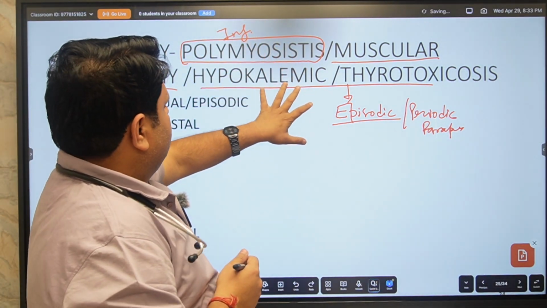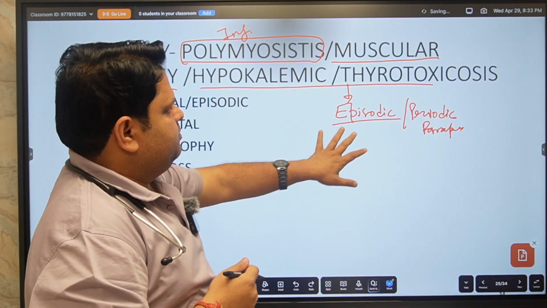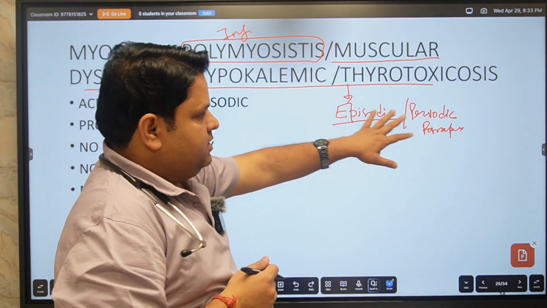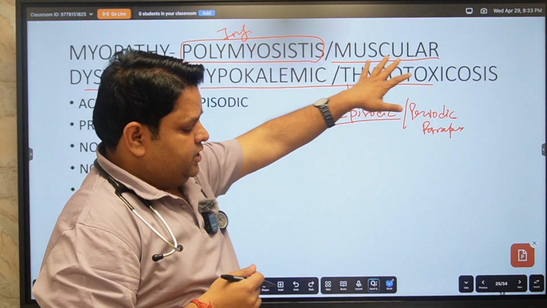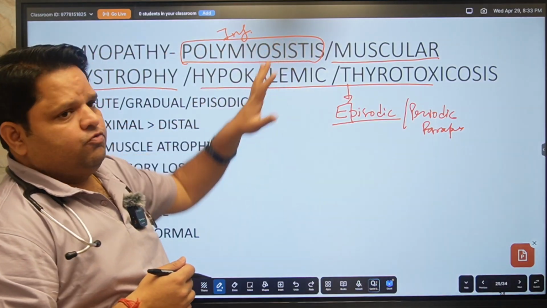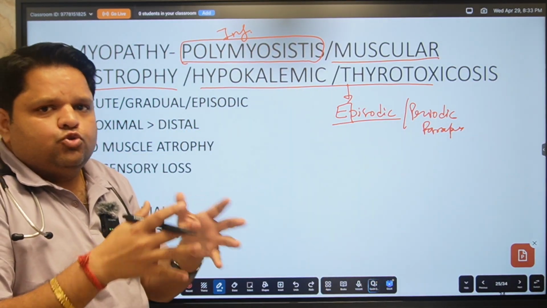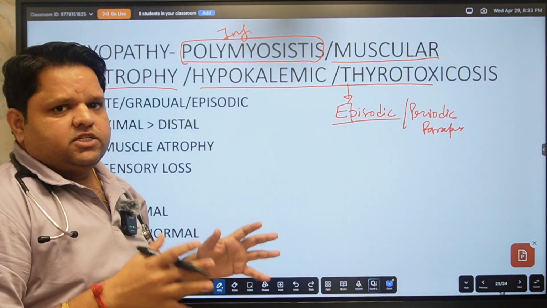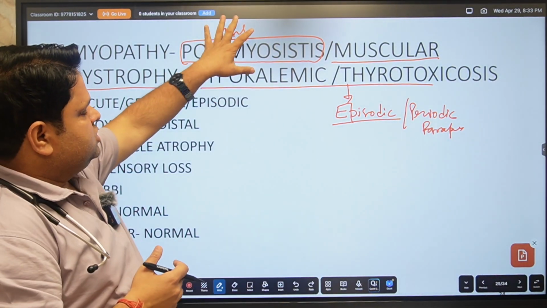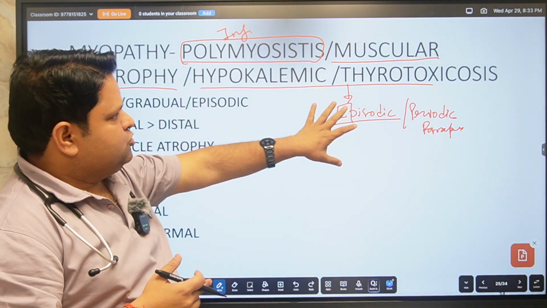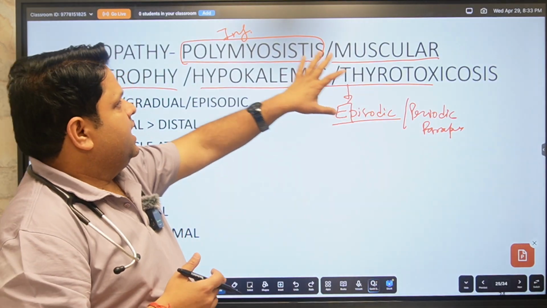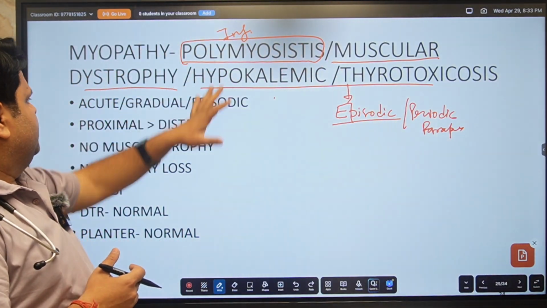For hypokalemic and thyrotoxicosis, episodic periodic paralysis may be there. And in muscular dystrophy, there is never acute onset, but gradual onset or slowly progressive muscle weakness is there. So for acute onset, polymyositis; for episodic, thyrotoxicosis or hypokalemic; and for gradual onset, muscular dystrophy.